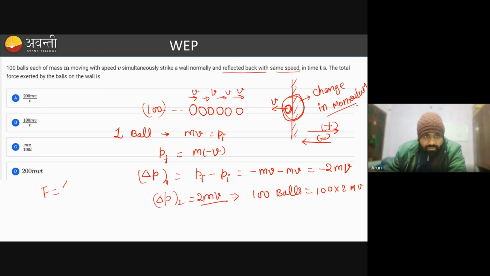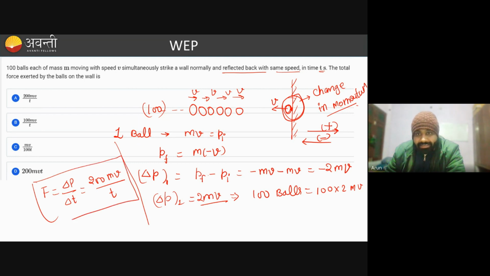Force is equal to change in momentum per unit change in time. Change in momentum we have 100 into 2mv, you can say 200 mv, divided by time t second. So this is the force applied on the ball.